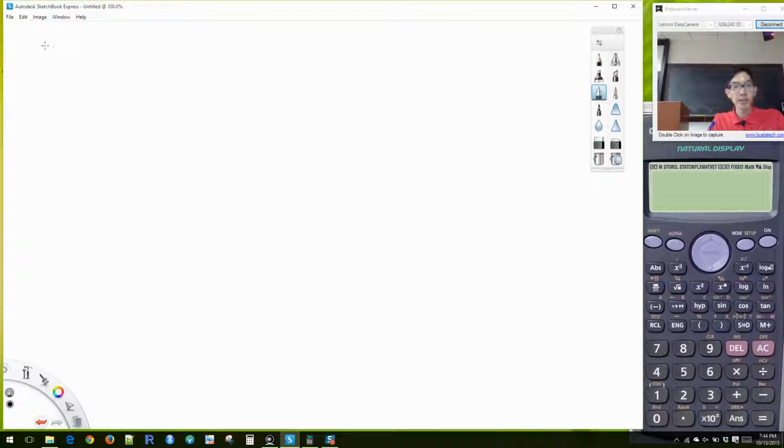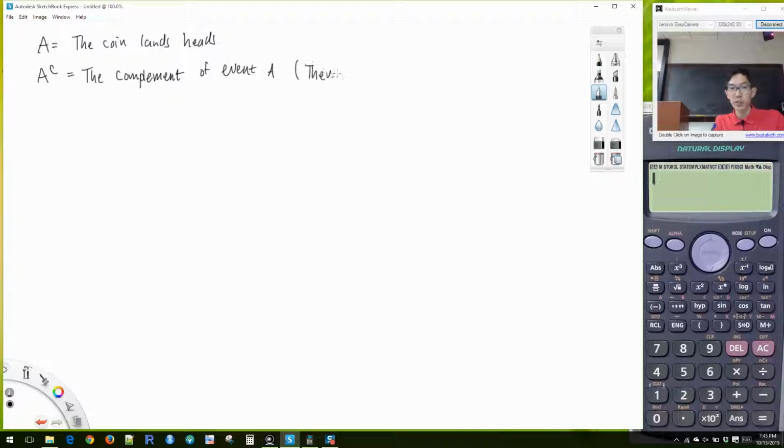So let's continue on and say A is the coin lands heads. We have something called a complement. This is the complement of event A. And this basically means the event that A does not happen.